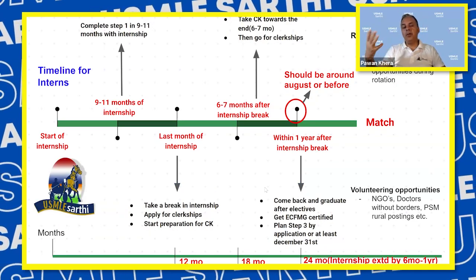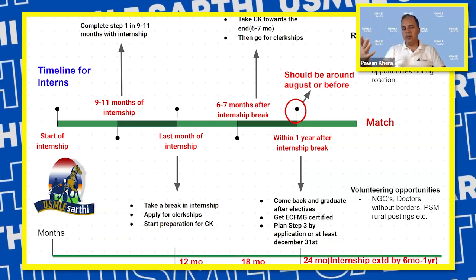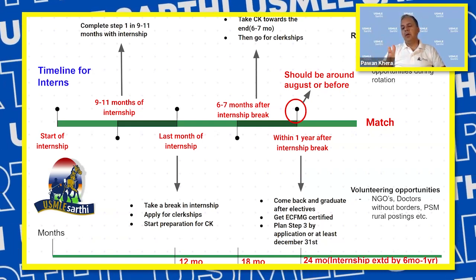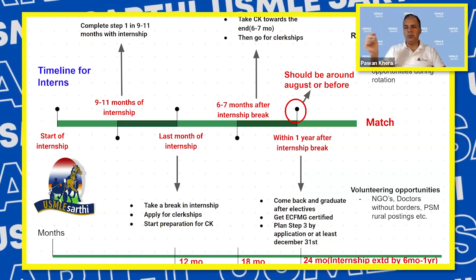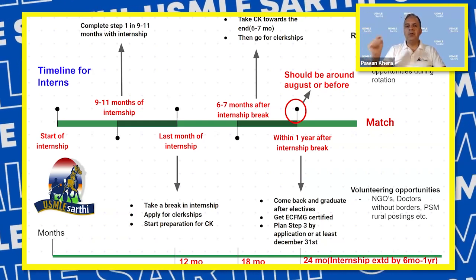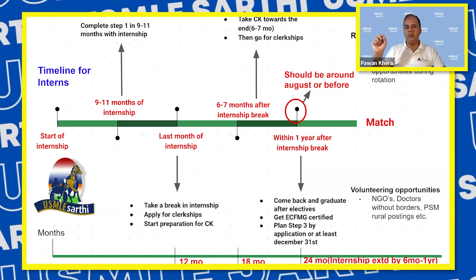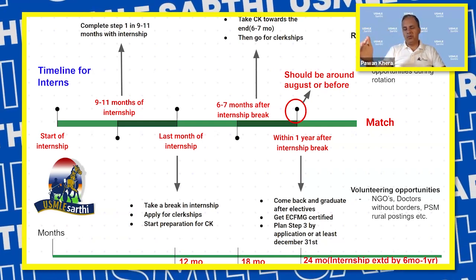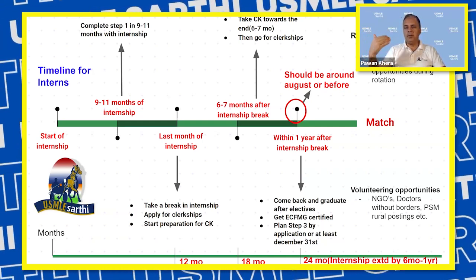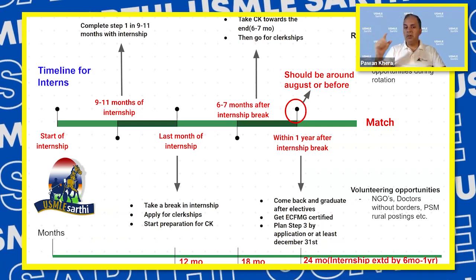Now, if you're already in internship, then your race against time really starts if you want to apply as soon as possible. Remember, 3 years or less of YOG really gives you a big, big advantage. So if you are an intern, follow this timeline, remembering that CK score is very critical.